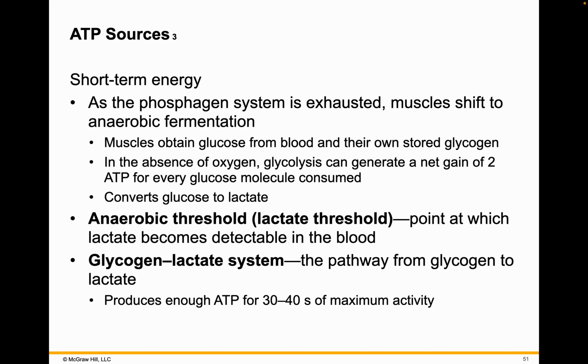The anaerobic threshold, or the lactate threshold, is the point at which lactate becomes detectable in the blood. Glycogen-lactate synthesis is the pathway from glycogen to lactate. It produces enough ATP for 30 to 40 seconds of maximal activity.